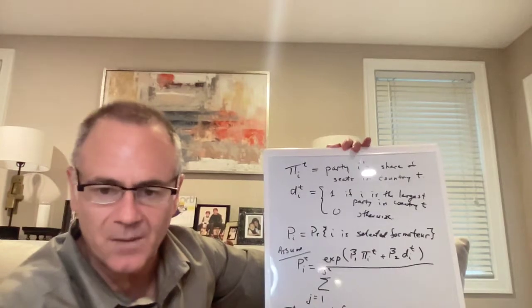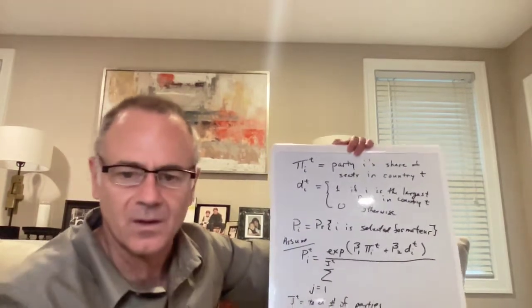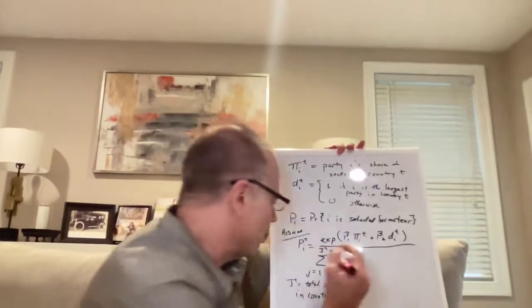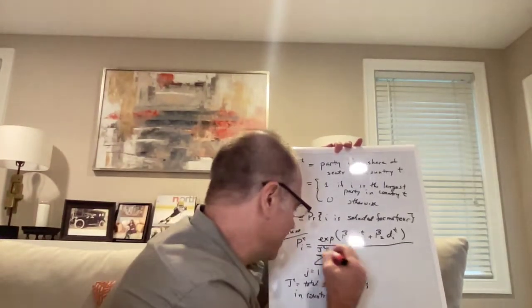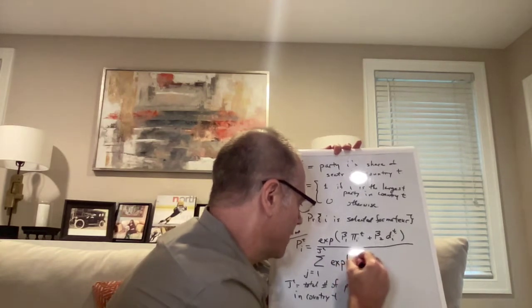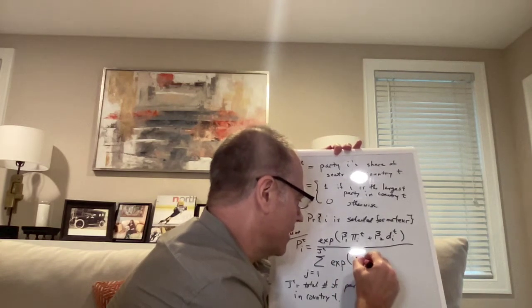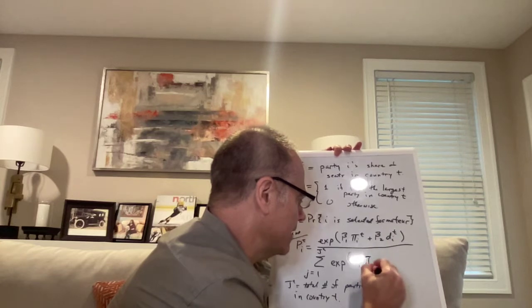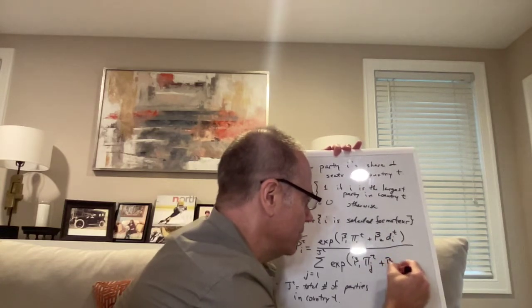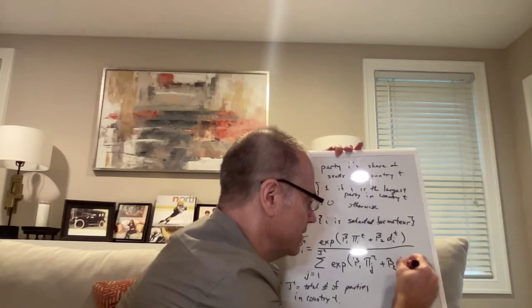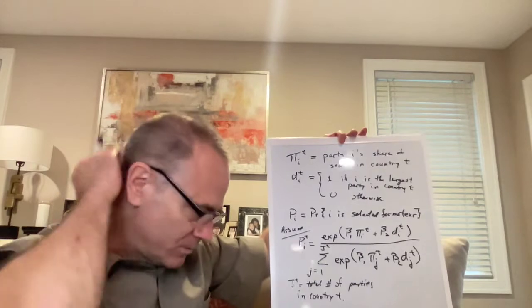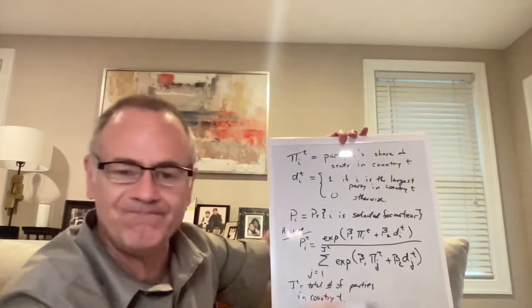Okay, so we're going to sum over all the possibilities. So it goes sum j equals 1 to big J of exp of beta 1 times pi_j^t plus beta 2 times d_j^t. Okay, so that's what they assume.